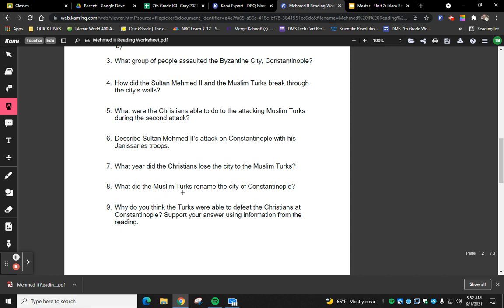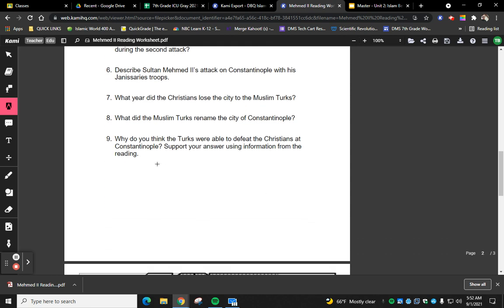Number 8, what did the Muslim Turks rename the city of Constantinople? And number 9, why do you think the Turks were able to defeat the Christians at Constantinople? Support your answer using information from the reading. So don't just say why they were able to defeat them. Give me some text evidence.